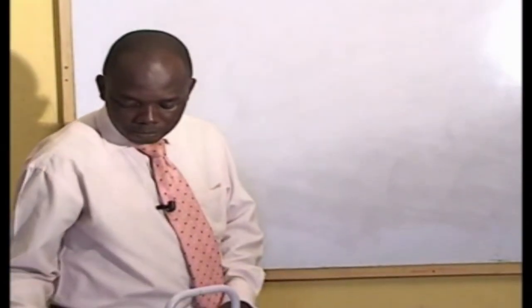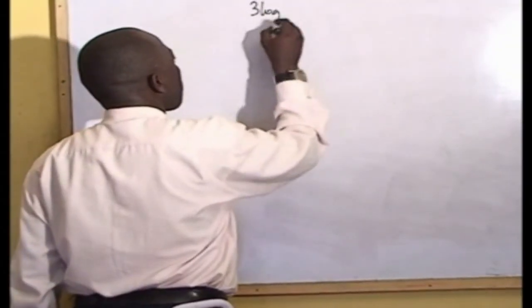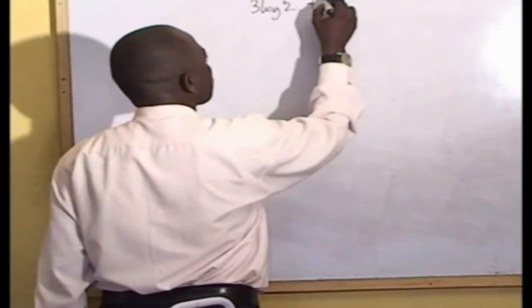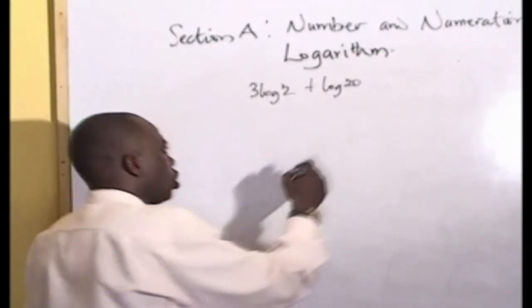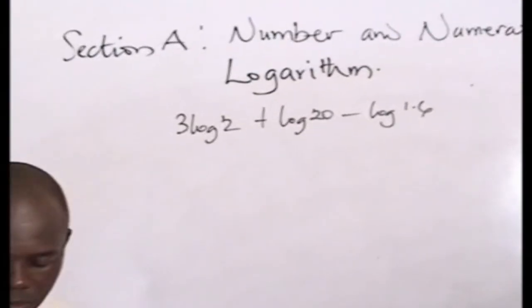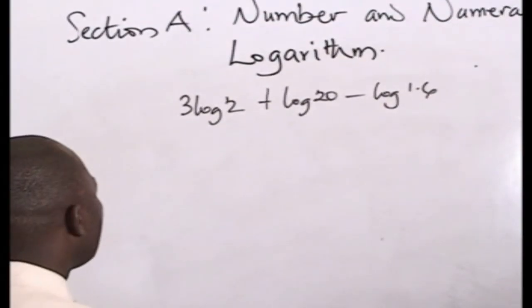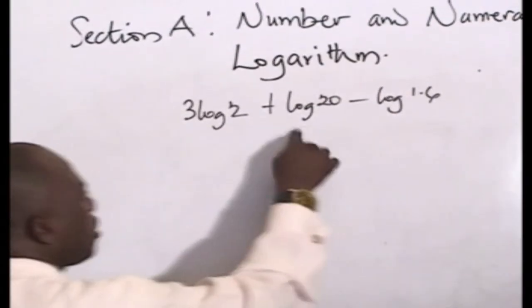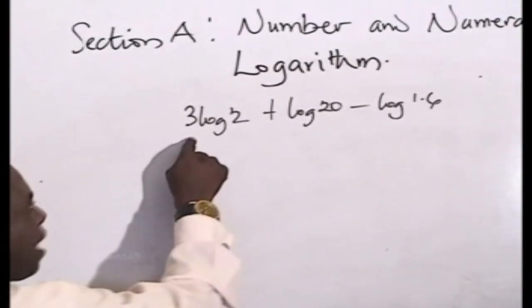Now the third question is 3 log 2 plus log 20 minus log 1.6. Now, like I said, if you look at these 3 logarithm numbers, you will discover that this one is not the same thing as these 2. The reason being that this one has a coefficient.